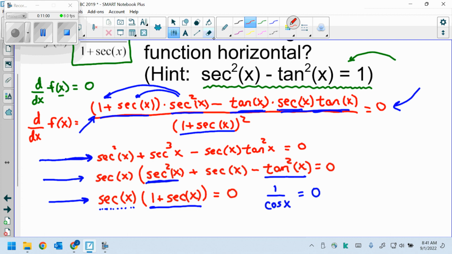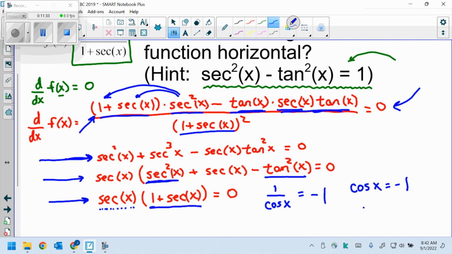When is 1 plus secant equal to 0? Well, that is going to happen whenever the secant is negative 1. So if I multiply both sides by cosine, when is the cosine of x equal to negative 1? When is cosine negative 1?